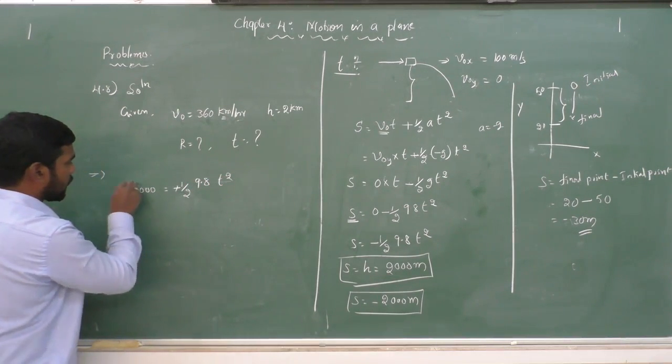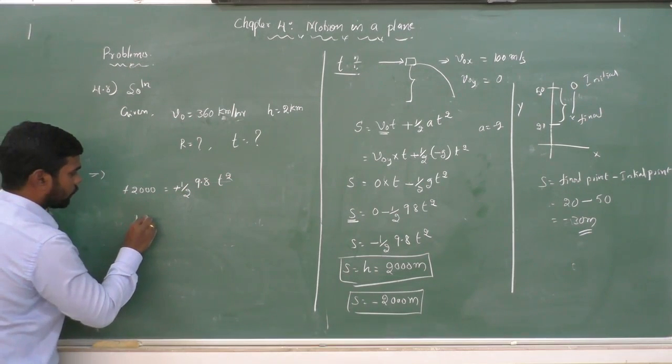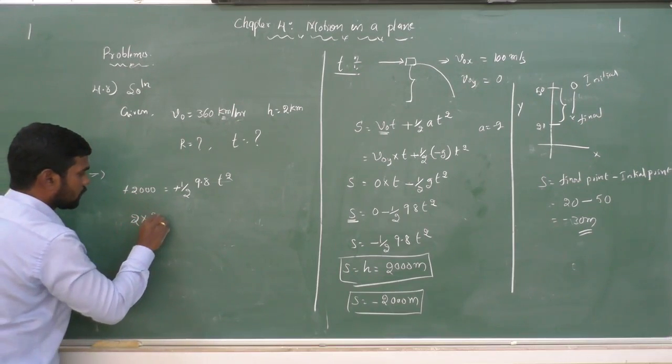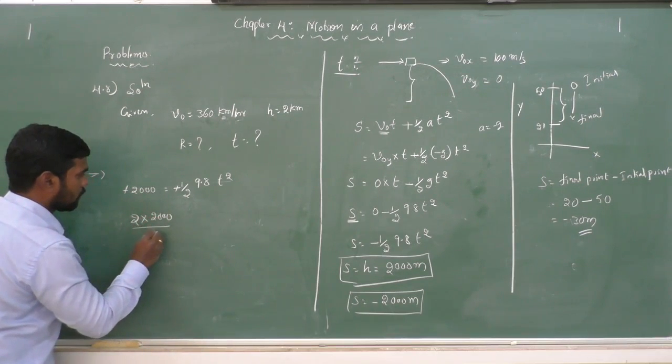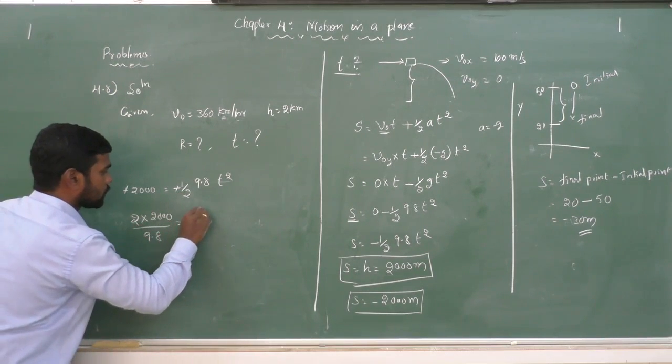Here the minus signs cancel. I multiply this side: 2 into 2000 divided by 9.8 is equal to t square.